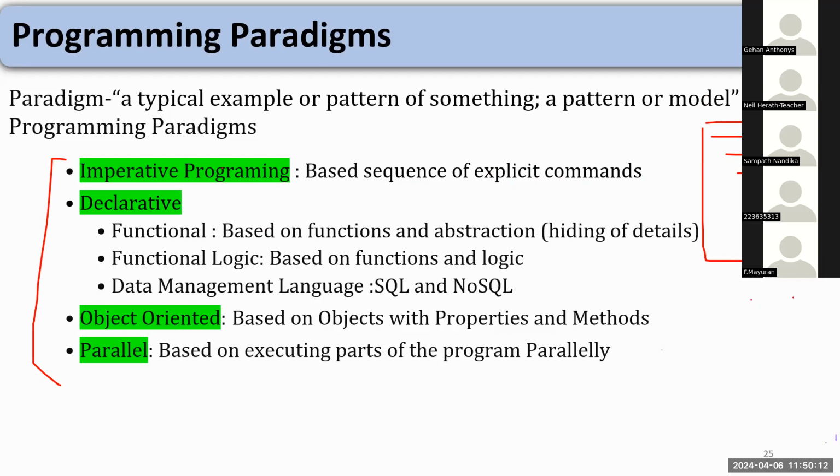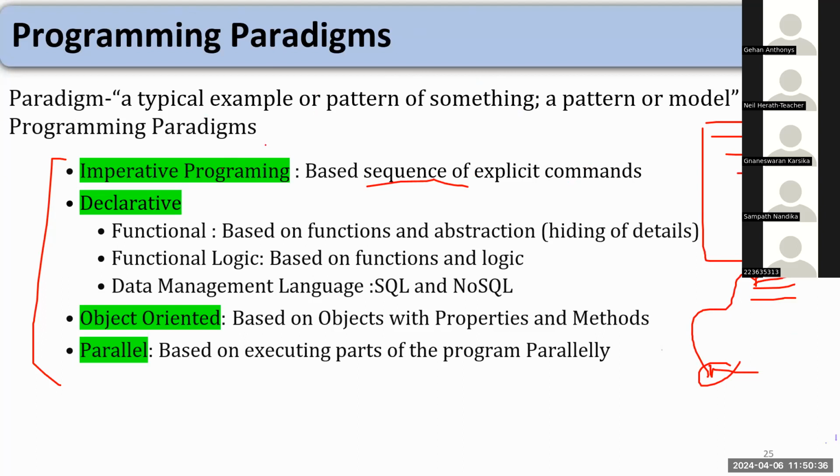If you need to do this one after this command, then you need to write it in this way, or call it in some other way, because that is what we call sequence, based on the sequence of explicit commands. And those we call imperative.